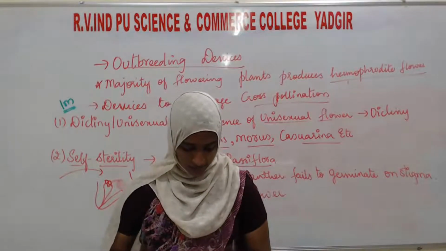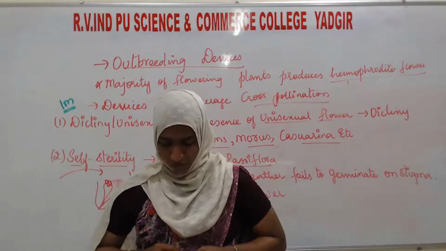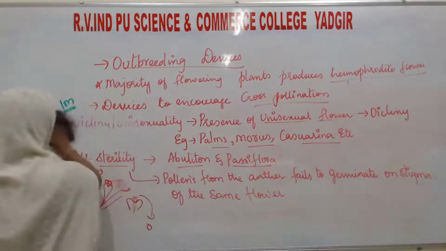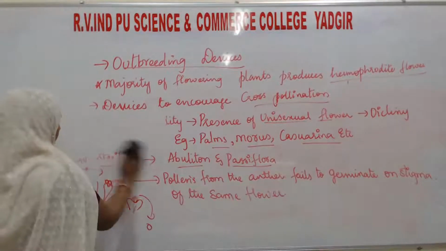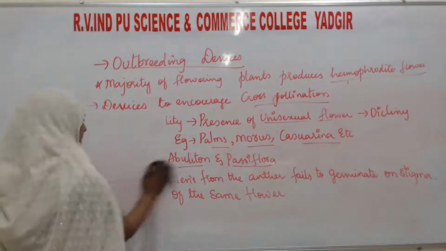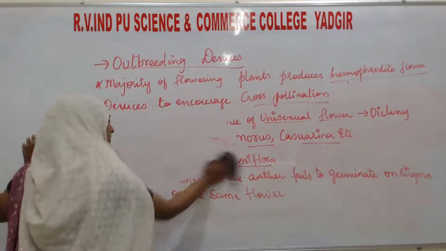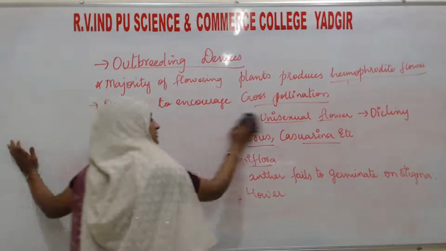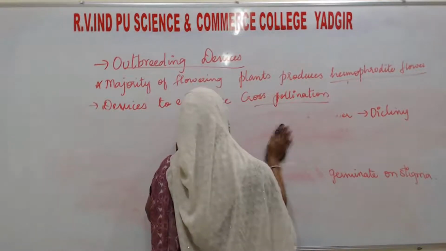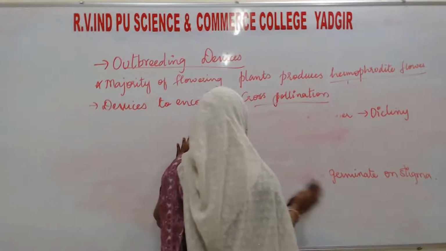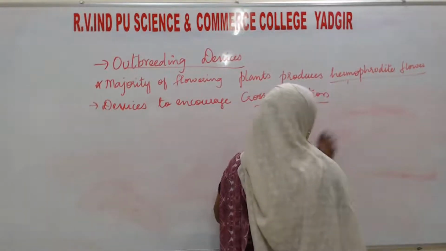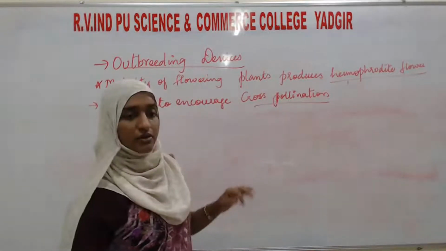The next, third one, is dichogamy. What do you mean by dichogamy? Let's see here. The third device is dichogamy.